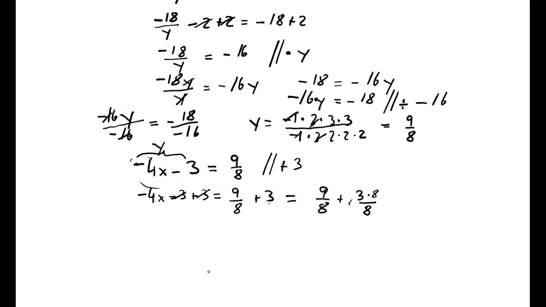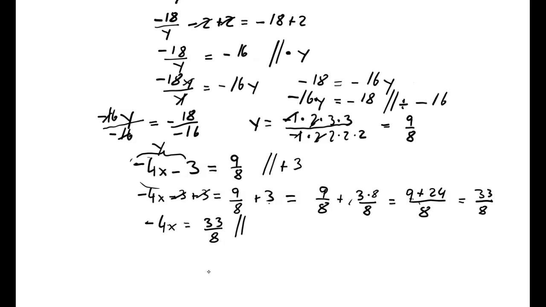Then we've got them on the same denominator, equals 9 plus 24 over 8. And that gives us 33/8. So we've got negative 4x equals 33/8.